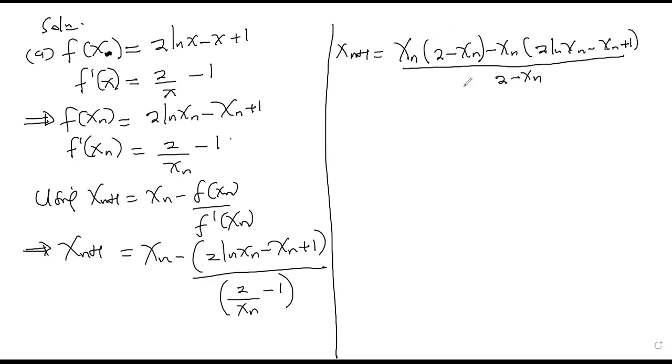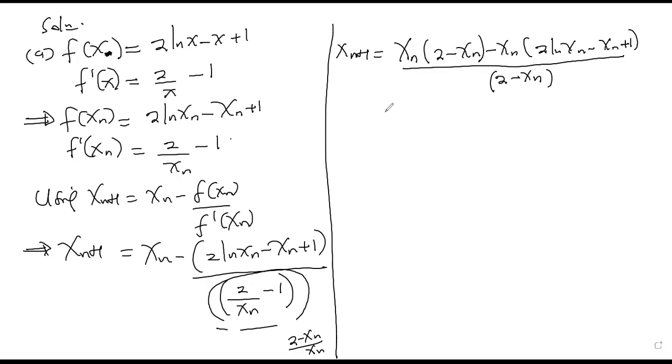One may wonder where this is coming from. Remember here you have 2 over xn minus 1. So the denominator only can become 2 minus xn over xn. So the xn moves up, and if you multiply into this, it multiplies into the whole of this. Then the other 2 minus xn will multiply into the LCM.